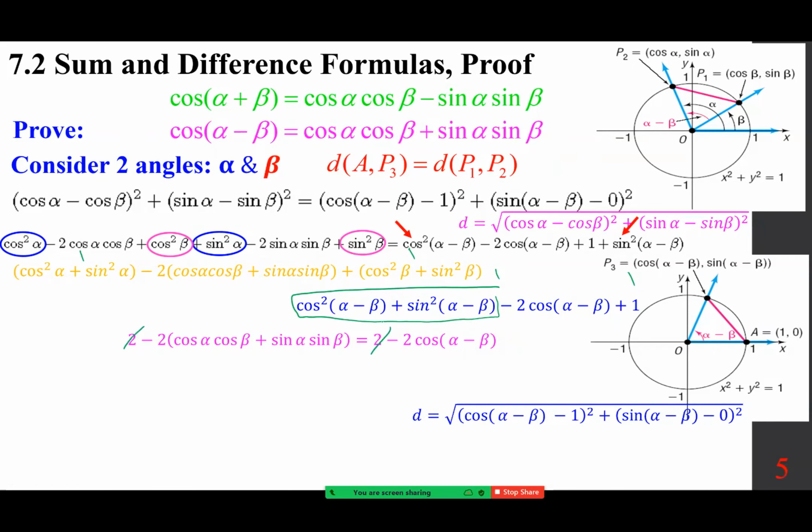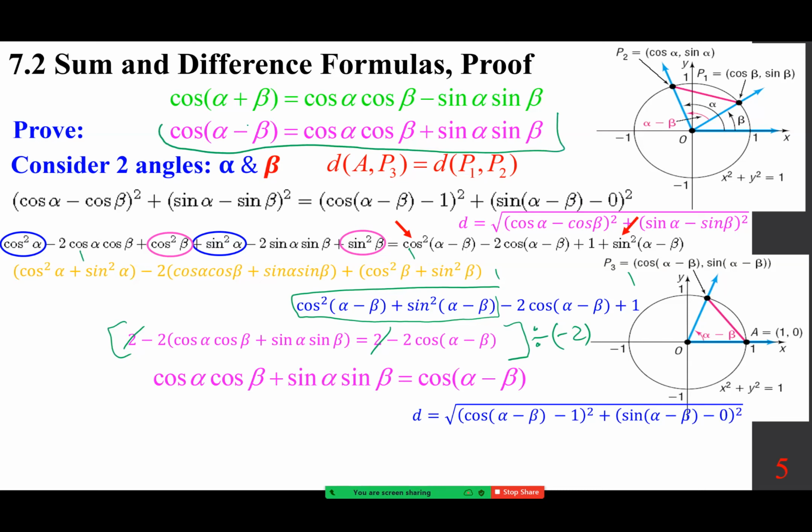If you divide both sides by -2, that's the end of the proof. So we proved cosine of alpha minus beta is cosine alpha cosine beta plus sine alpha sine beta. We proved that.